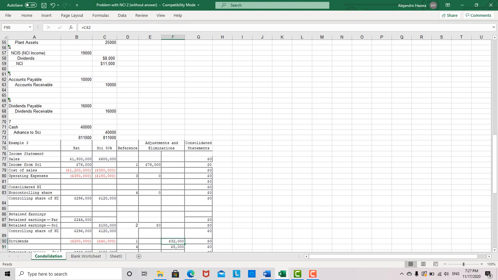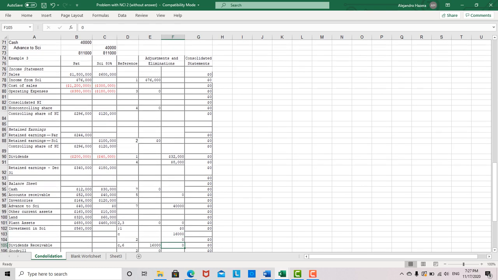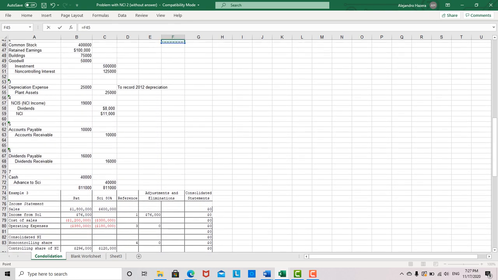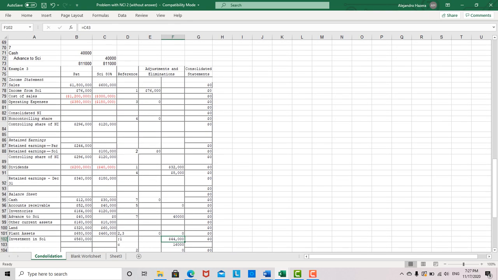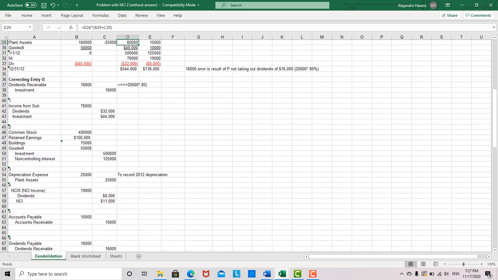And then the difference between the 76 and the 32, we'll go down here to the investment account, and we'll do an entry number one there. The difference there is $44,000, which is the difference between the ending investment of $544,000 and the beginning investment of $500,000.